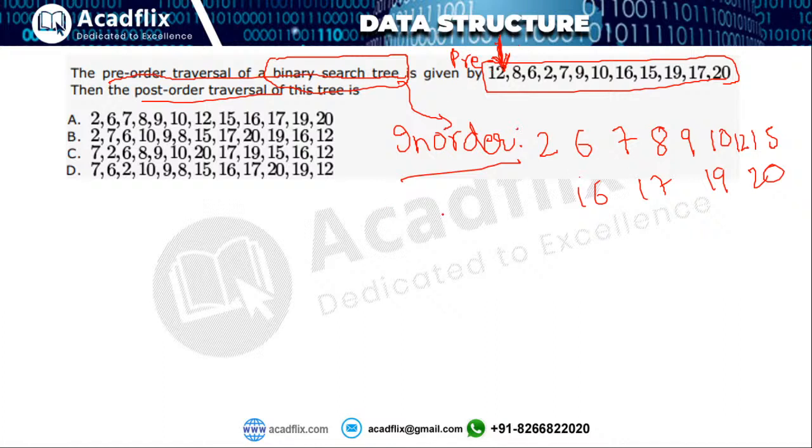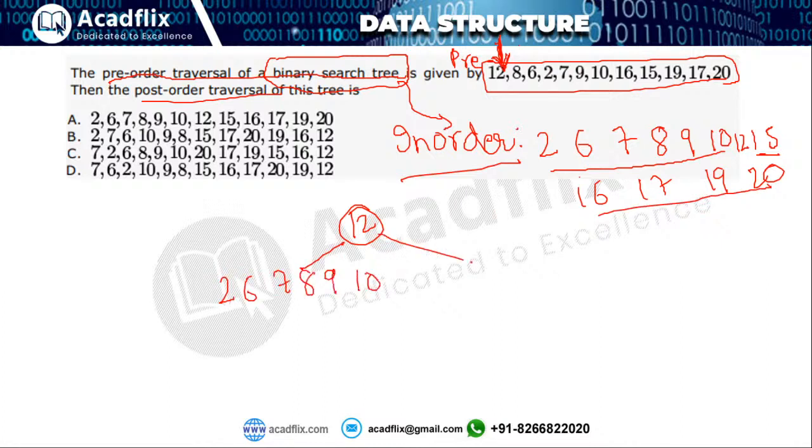Whenever we process 12, we make a root node for it, and we see what elements should come to its left and what should come to its right. So 12, then 2, 6, 7, 8, 9, 10 to the left, and to the right, 15, 16, 17, 19, and 20.